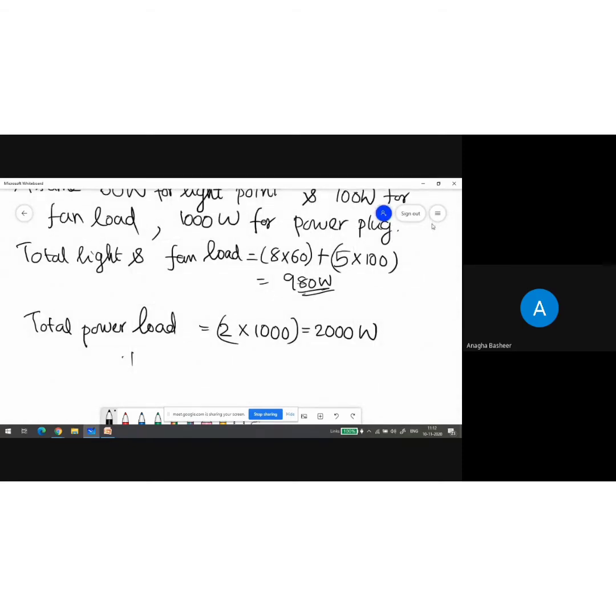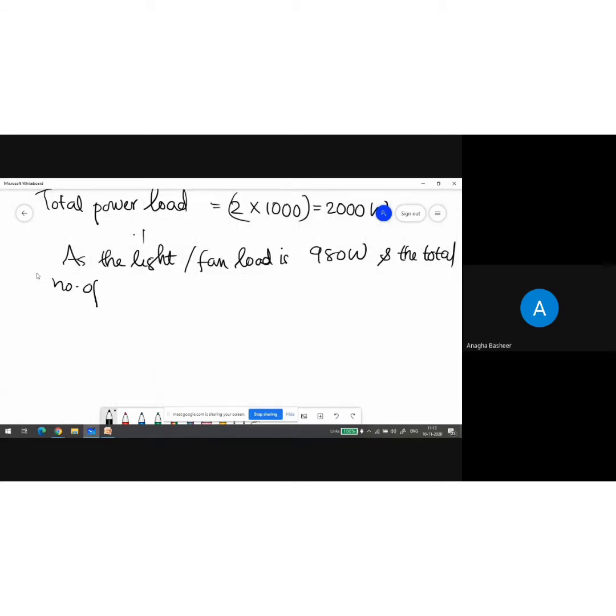So, as the light fan load is 980 watts and the total number of points is 13, there should be 2 light and fan subcircuits. Have you understood?